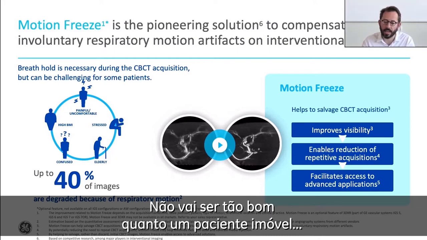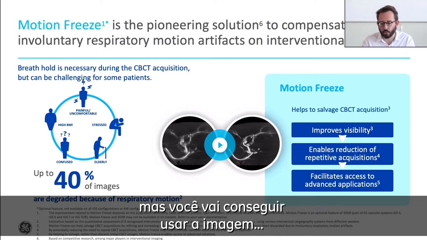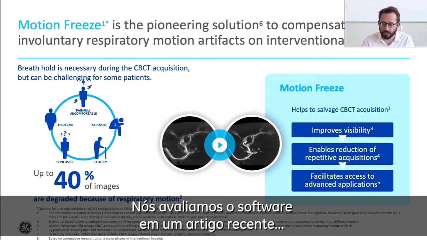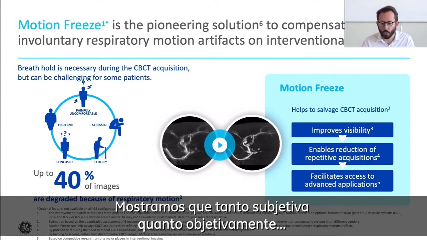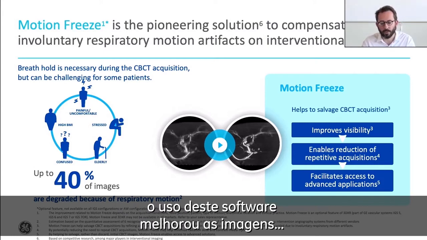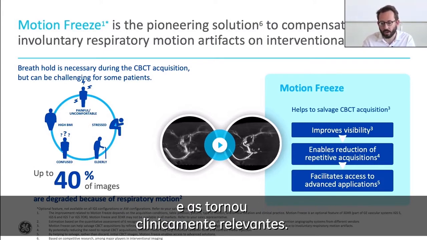It's not going to be as good as a still patient, but still you will be able to use that and to perform your treatment. We've assessed this in a recent publication that we published in European Radiology this year, and we showed that both subjectively and objectively, the use of this software improved images and made them clinically relevant.